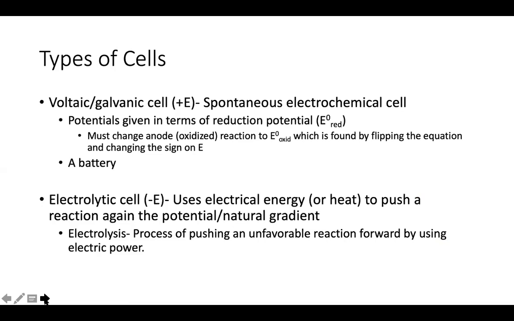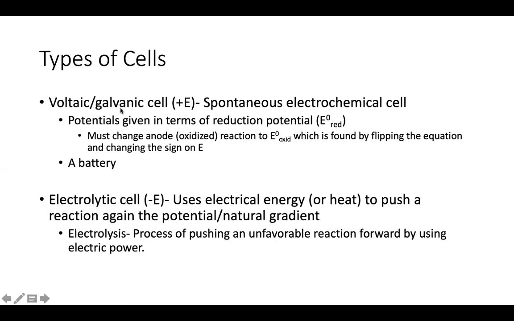If they say voltaic or galvanic, it automatically means that the cell potential, the E value for the cell, will be positive. Again, to solve this, we'll have to flip one of our half reactions to find the oxidation potential of that reaction, and then add them together to find our overall cell potential. We'll talk about that on the next slide.